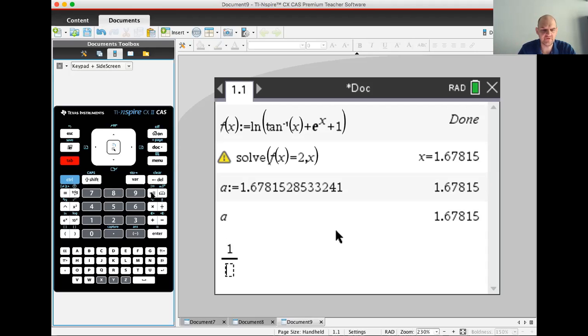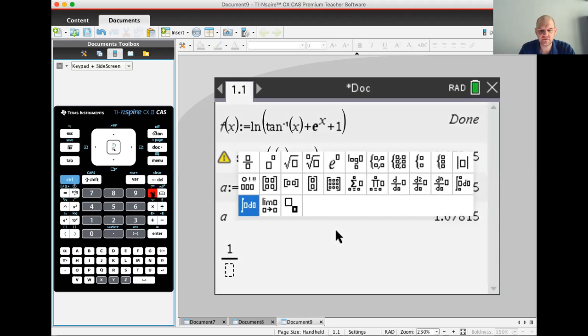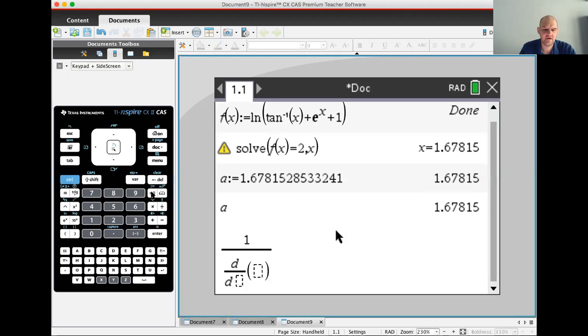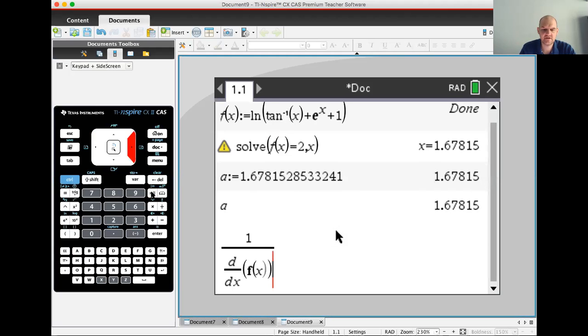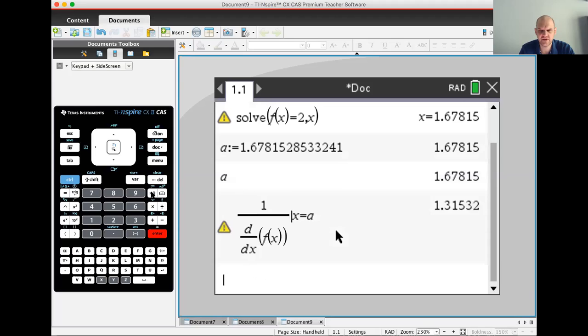I'm going to do 1 over the derivative of f of x such that x equals a, and press enter. So I get 1.315-ish. Let me go back to the notes so I can write this and you can see what I'm doing. And then I'll go back to the calculator to do some other stuff.